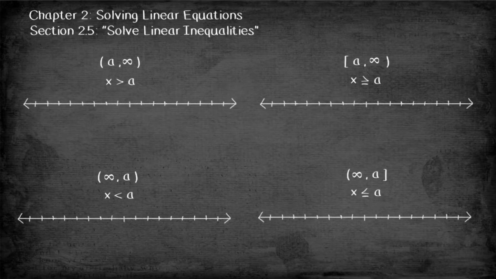So here are the definitions of the intervals. This first one, up in the upper left-hand corner, is read as the open interval from a to infinity. And so if I have the number a at some point on the number line, then I can draw this set as I did before.